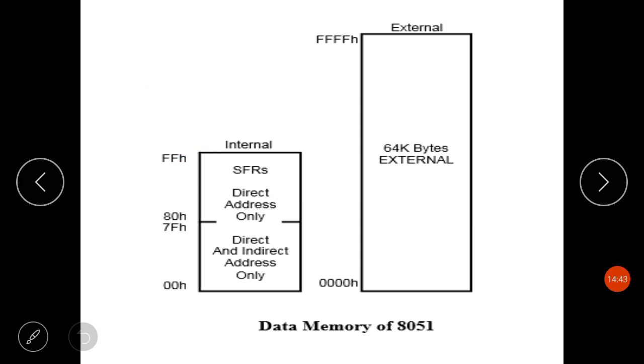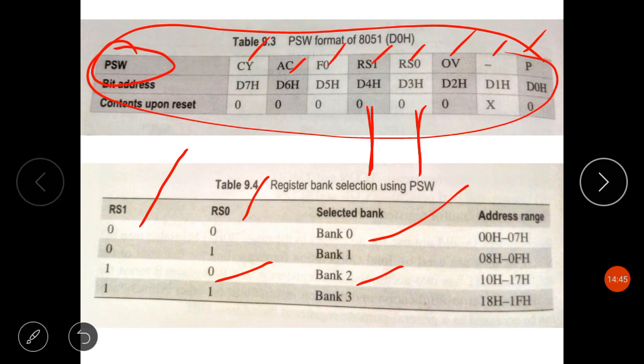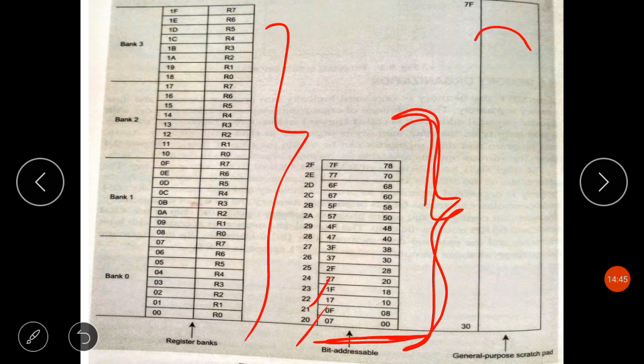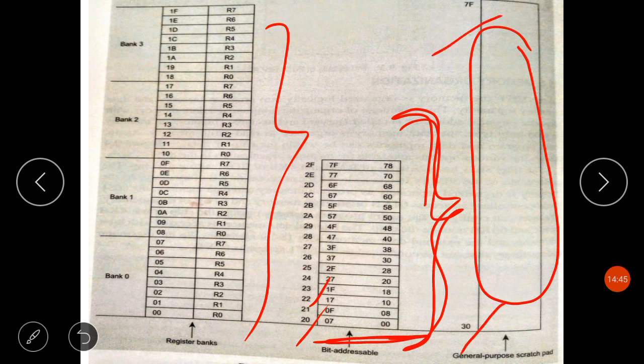The final 80 bytes of internal RAM, as I've told you here also, having the address from 30H to 7FH, is the general purpose RAM area, which is byte addressable. Means we cannot address the bits, we have to use this memory in the form of bytes only.